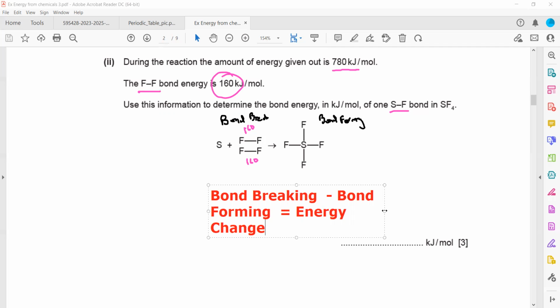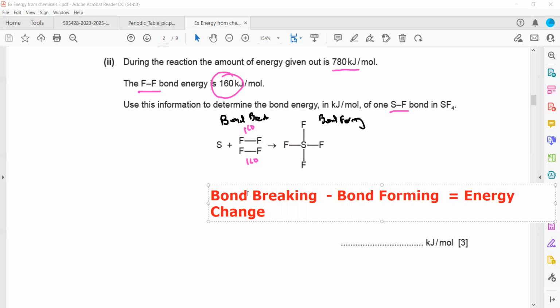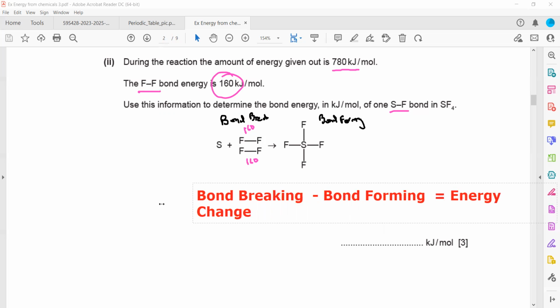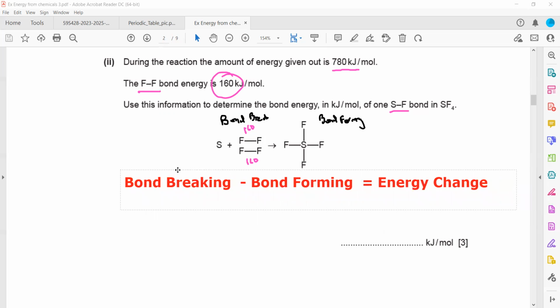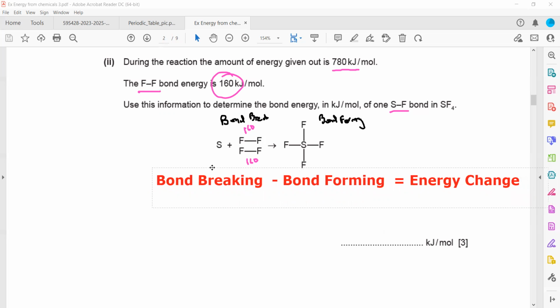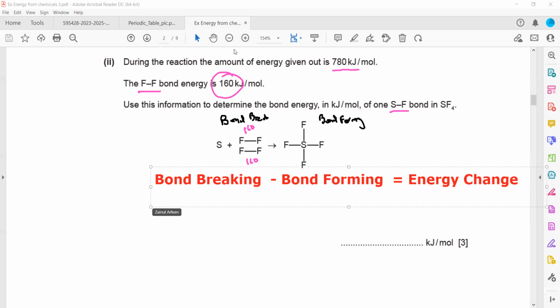The bond breaking energy is 160 multiplied by 2, because there are two bonds we are breaking, each is 160. So it will be 160 times 2, minus the bond forming energy, which we are finding.